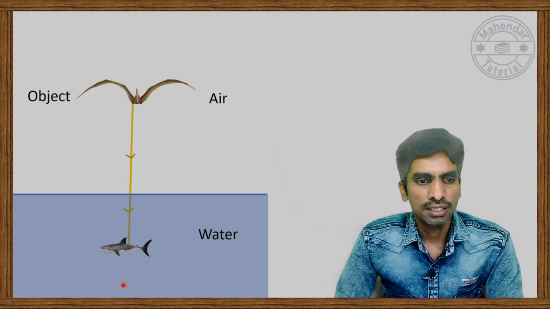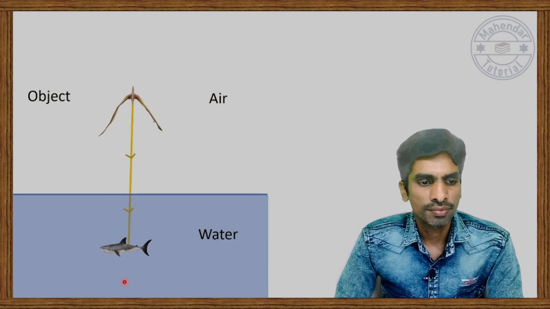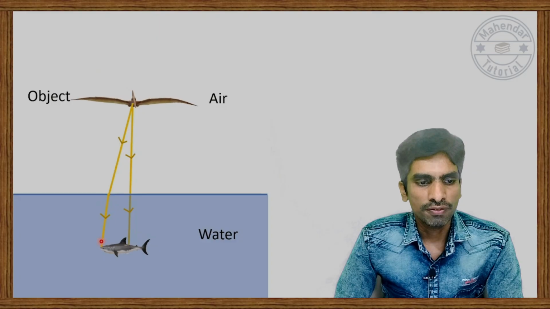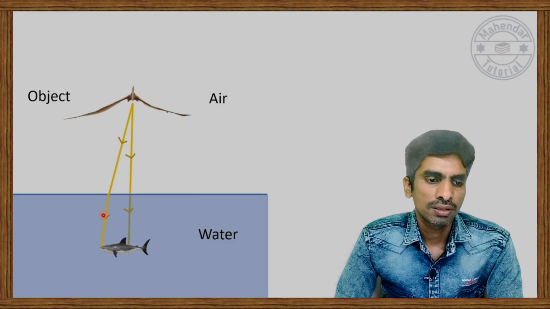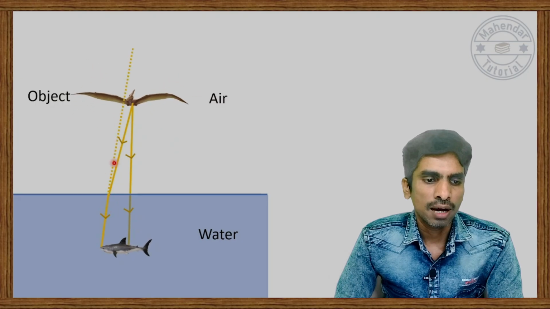And we draw a second ray, it is making some angle with the normal, that is why it is bending. So if we extend the refracted ray backwards, this refracted ray appears coming from this position.